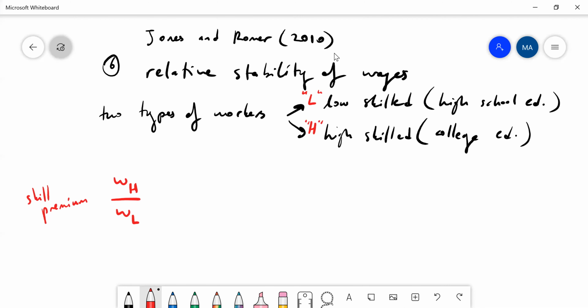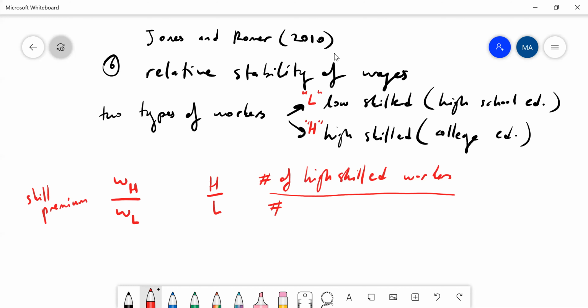Okay, so this is something you can measure by looking at people's average wages, right? We also have this ratio, right? The number of high-skilled workers divided by the number of low-skilled workers.